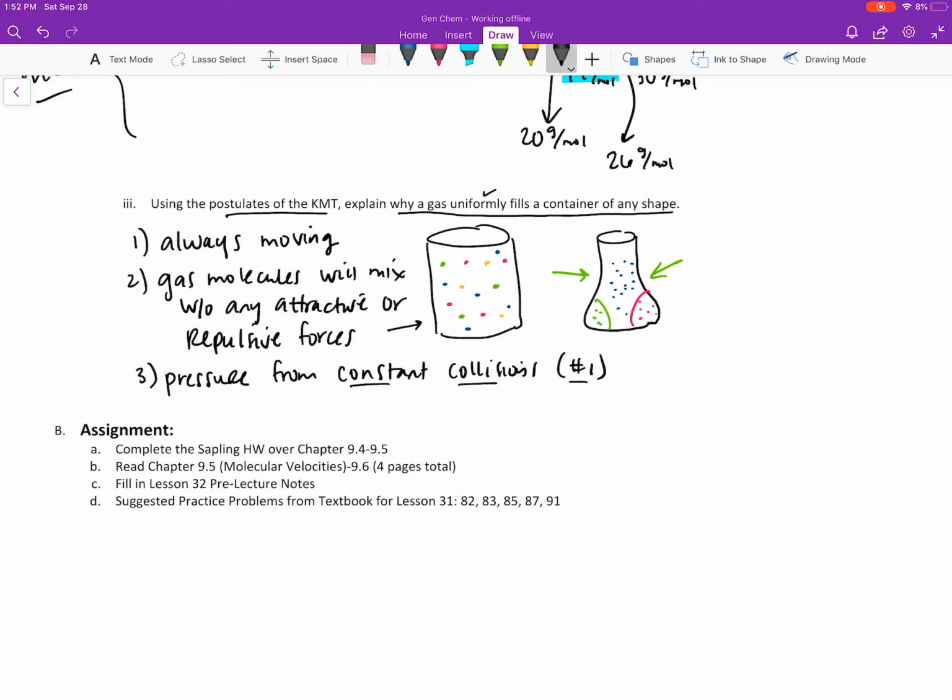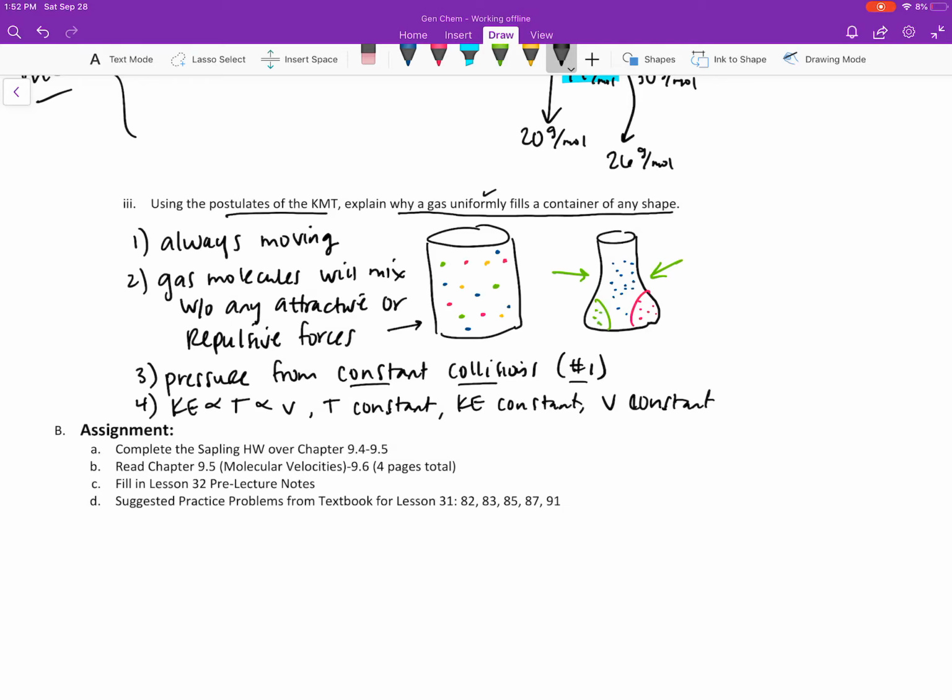Therefore, the pressure should theoretically remain unchanged if we don't change anything else about our system. The other thing is that the kinetic energy is related to temperature, which is related to velocity. So as long as we hold the temperature constant, the kinetic energy should be constant, and the velocity should be constant.